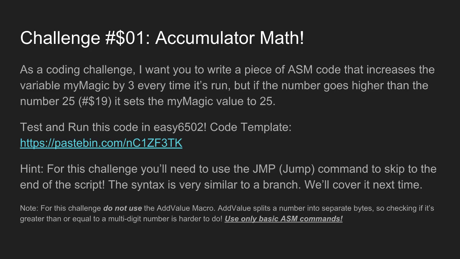Because AddValue splits the number into bytes. If you get the number 324, that would overflow a byte, but if you were to get the number 108, for example, instead of being 108, it would split 108 into separate bytes, and that takes a decent chunk of effort to actually check.